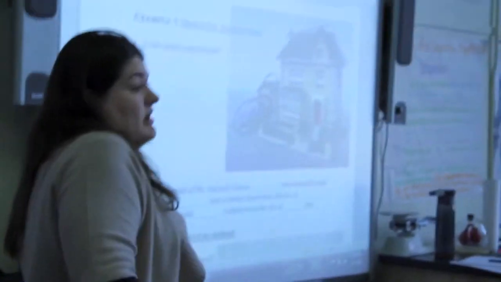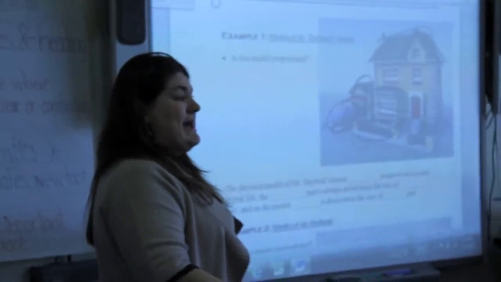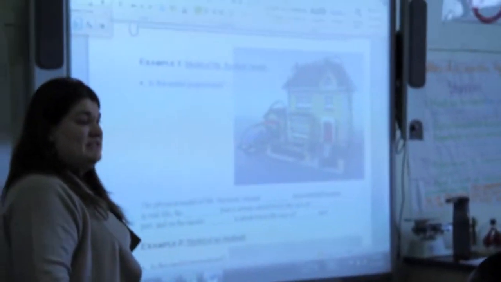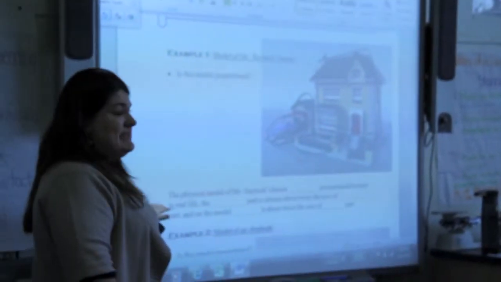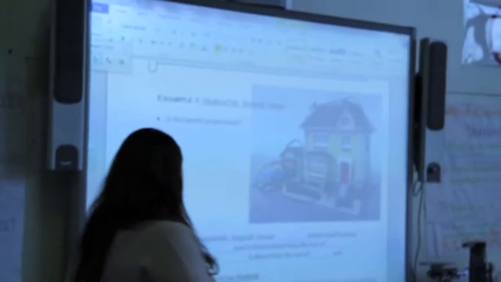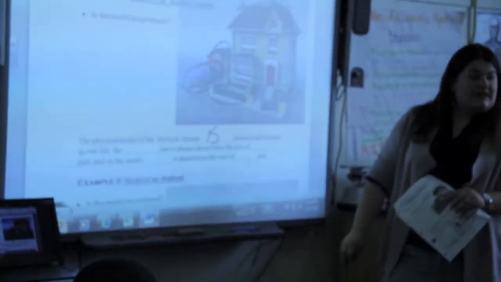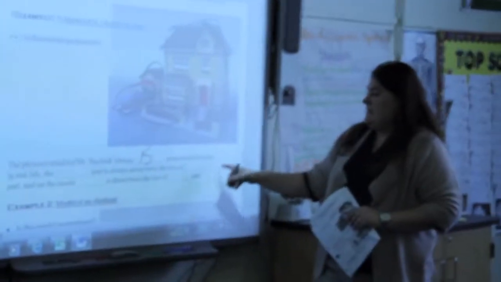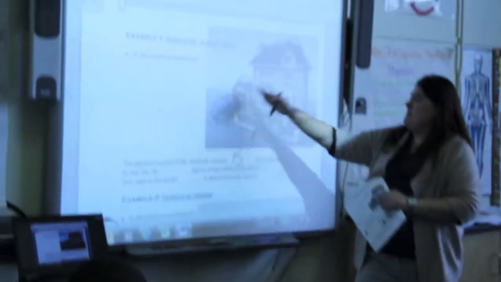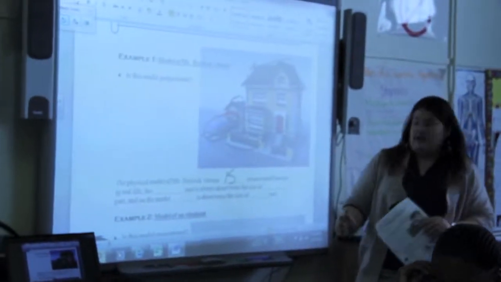Okay, really good job. So when we decide that something is proportional or not, we need to be able to support our answer, just like you would in math, or in reading, or in science on an open-ended, okay? So this is how we're going to explain. The physical model of Mr. Baylock's house is proportional. So write this down on your paper, because in real life, and you can pick any of the examples we gave, okay?